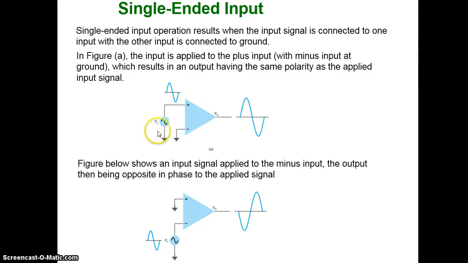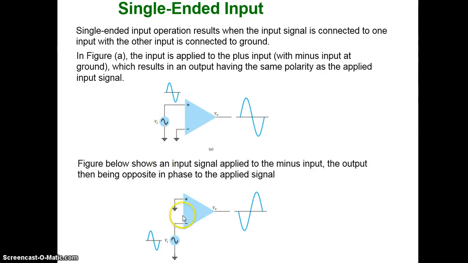Since you connected your input to the non-inverting terminal, of course it is an operational amplifier, so the output is amplified. Your output is just an amplified version of your input. There is no polarity change because you connected to the non-inverting input terminal.